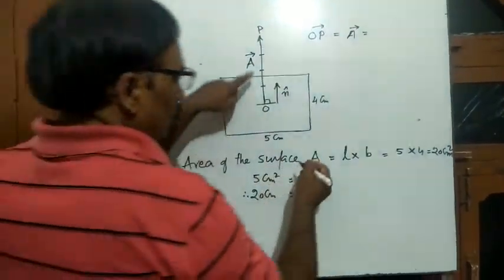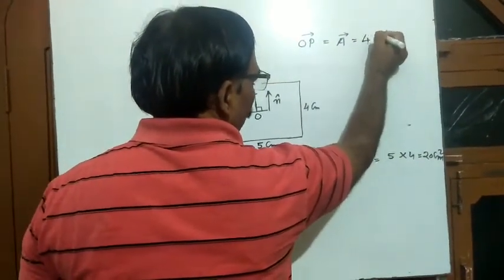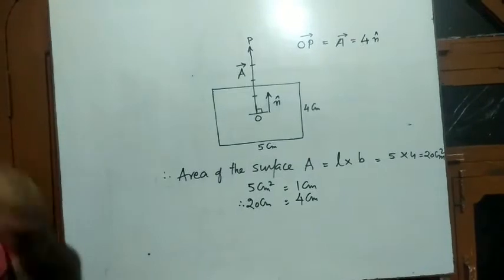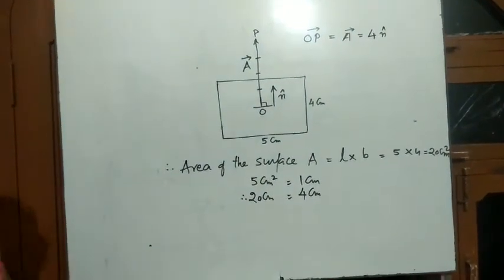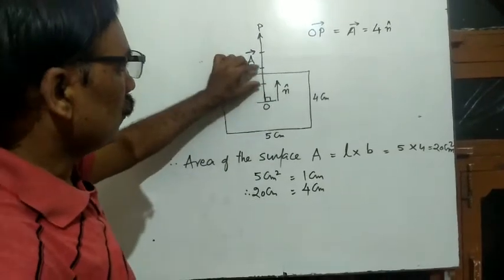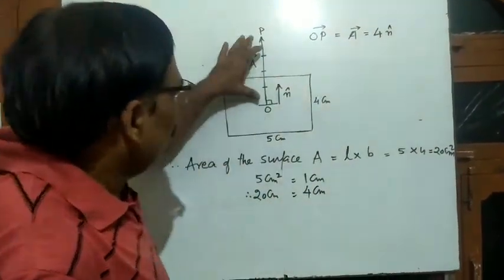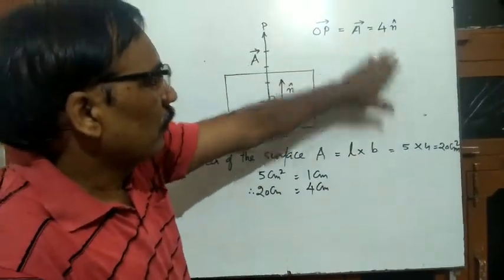It will be equal to 4 n cap. We have taken 1 centimeter here, 2 centimeter. 1 centimeter is equal to 5 centimeter square. So the length here is 4.